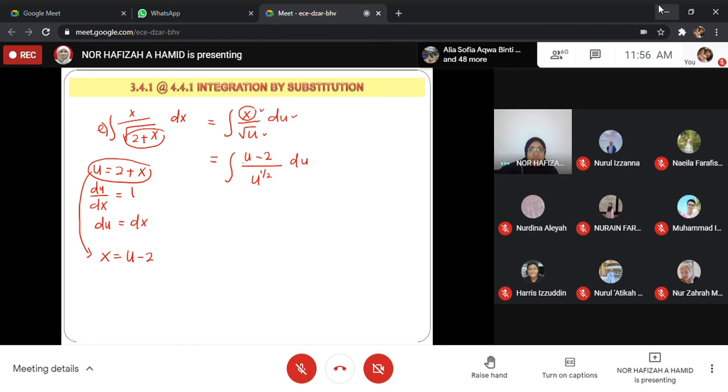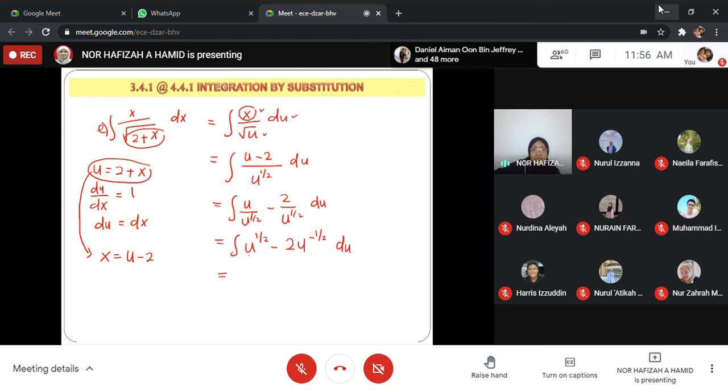Okay, so ni you nak integrate, you simplify je lah. u over u^(1/2) du minus 2 over u^(1/2) du. Okay, so ni you simplify, dapat u^(1/2) minus 2u^(-1/2) with respect to u.